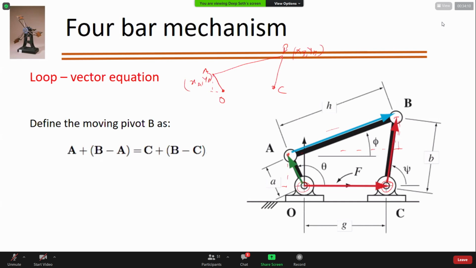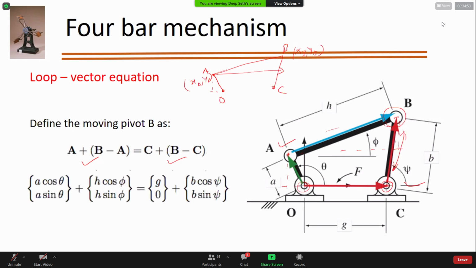So what is the location of B? You are pivoting B, just trying to see B from there. A plus whatever this link is showing you, how you reach B, that will give you the pivot B. Similarly for C, C plus B minus C, this link. It will be equal because B is the same point. We are just trying to see it from the A side and from the C side, two sides.